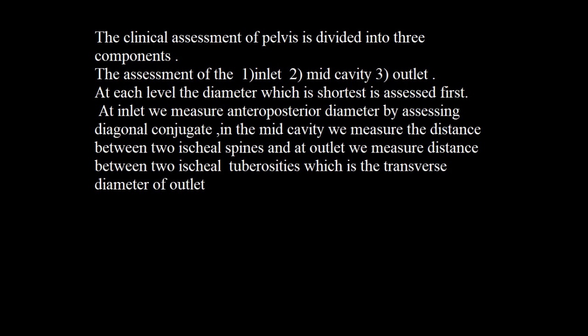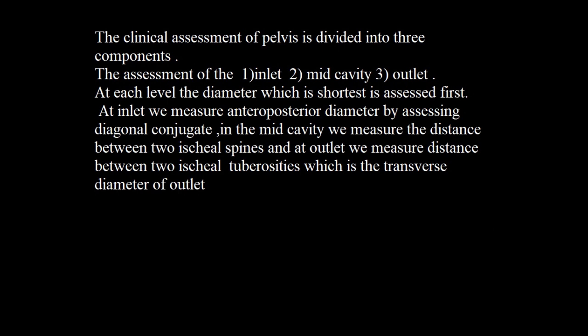The clinical assessment of pelvis is divided into three components: the assessment of the inlet, the mid cavity, and the outlet. At each level, the diameter which is shortest is assessed first.